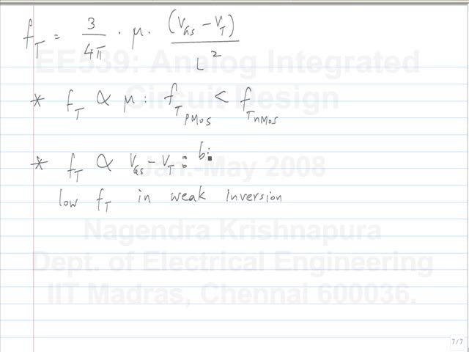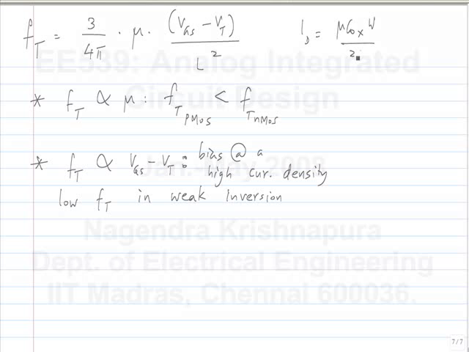Basically, you need to bias at a large current density. Vgs minus Vt is a measure of current density. By current density, what I mean is this. ID is mu Cox W by 2L times Vgs minus Vt square.